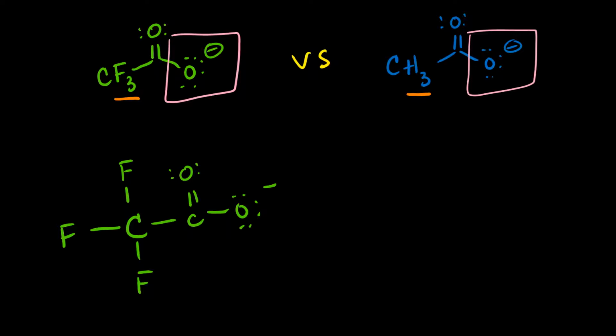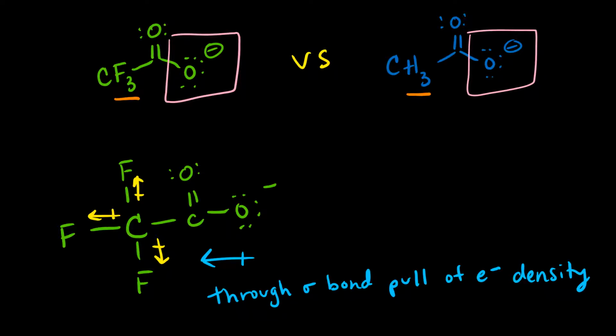And what's actually going on here is that those fluorine atoms are able to pull electron density away from the negatively charged oxygen over to the right. And so this pulling of electron density is a stabilizing effect. It's pulling through the sigma bonds and relieving the oxygen of some of the negative charge.